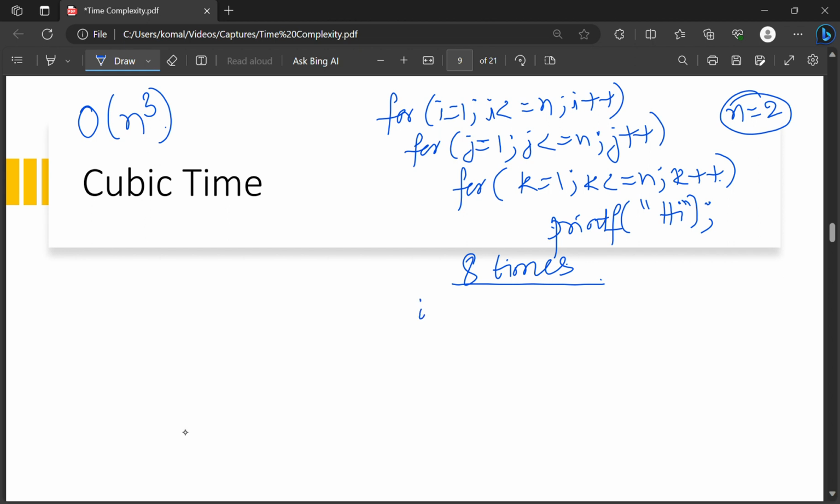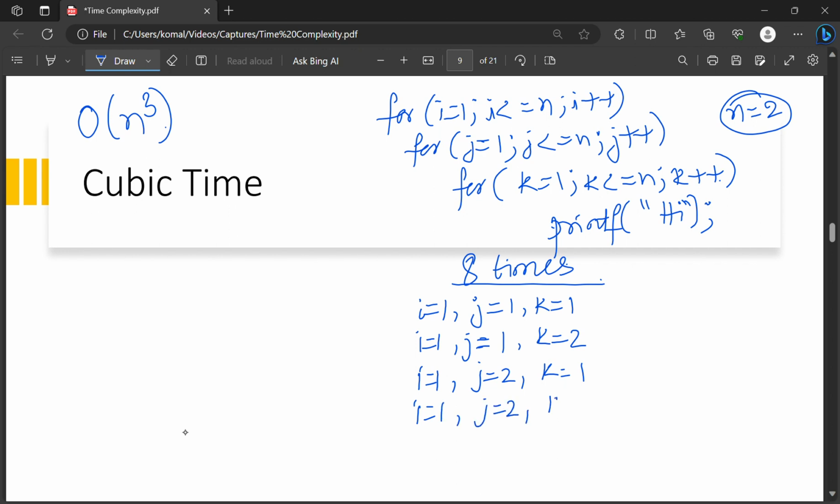How does it print? When i equal to 1, j equal to 1, k can take value 1, one time printed. i equal to 1, j equal to 1, k equal to 2, two times printed. i equal to 1, j equal to 2, k equal to 1. i equal to 1, j equal to 2, k equal to 2.